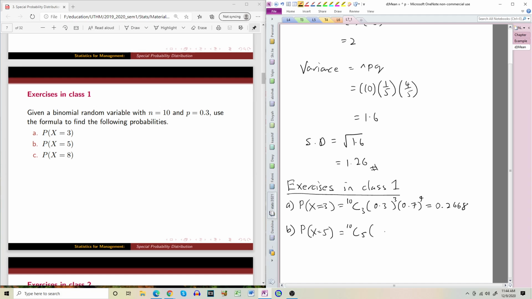Five is here, and another 5 is here. You should get 0.1029.